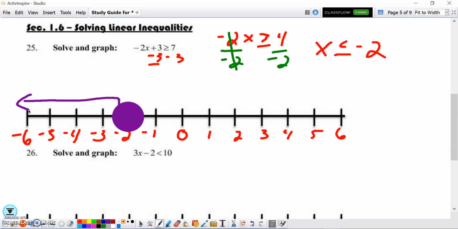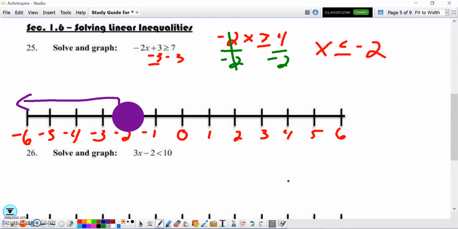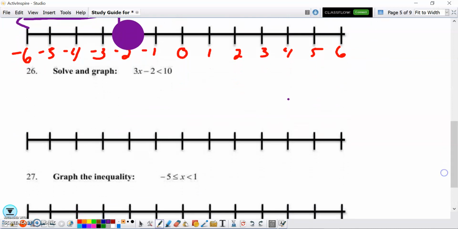All right, next one, solve and graph. So again, solve for x. We're going to add 2 to both sides. We're going to divide by 3. So x is less than 4.